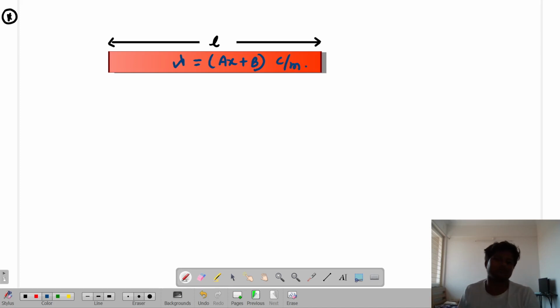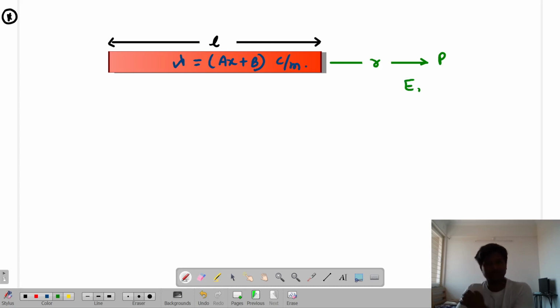Good or not? Inside the rod. Then find the electric field at point P at a distance r. Good or not?